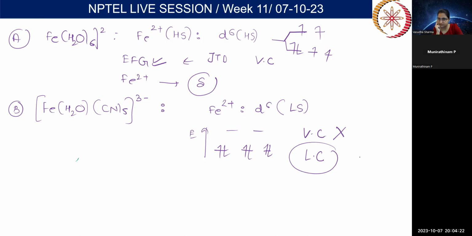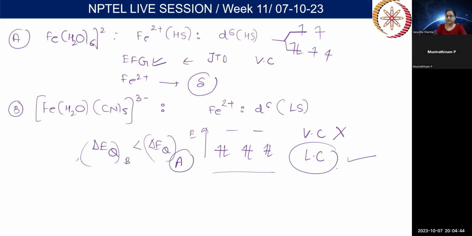Lattice contribution available, ma'am. So lattice contribution is there, valence is not there. That's why the delta EQ is less. I am just saying that delta EQ of this B complex is less than delta EQ of A. Because here both the lattice and valence are contributing. That's why EFG is very high and delta EQ is high.